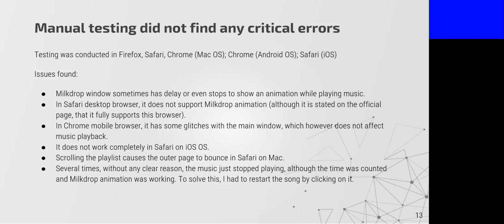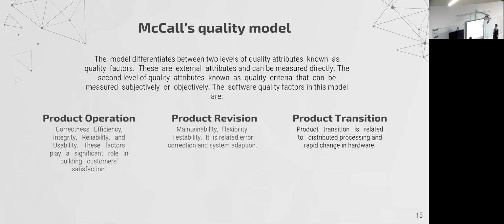We actually described how we selected it during the first presentation, but I can repeat because it was a long time ago, I understand. We selected the quality model using the following approach. We looked at our project and thought what quality attributes are the most important for a web music player.